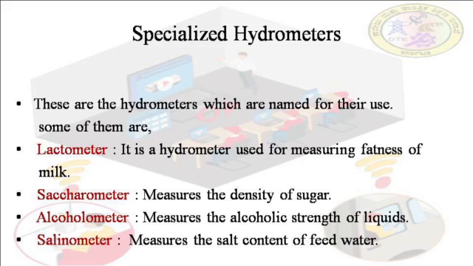Similarly, the next one is saccharometer. The saccharometer is also a hydrometer which is used to measure the density of sugar in the liquids. So next one is alcoholometer. It is also a hydrometer which measures the alcoholic strength of the liquids, especially in the spirits.